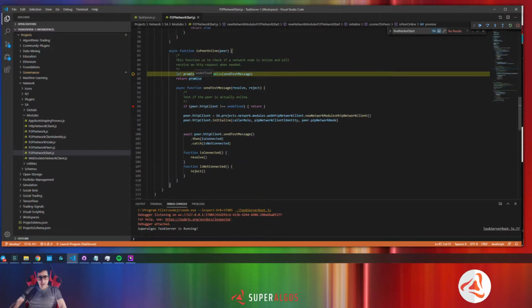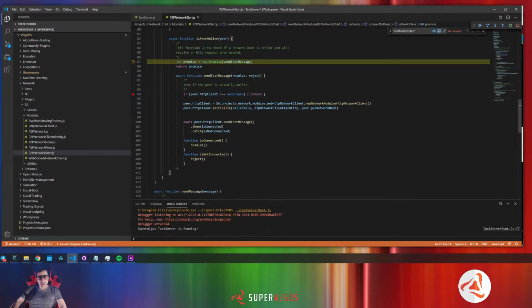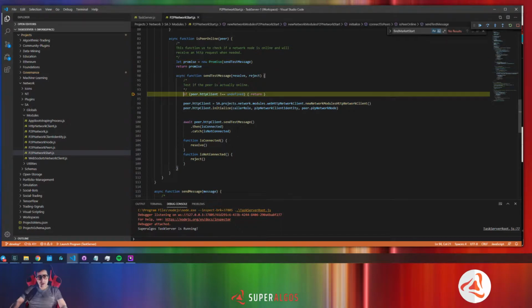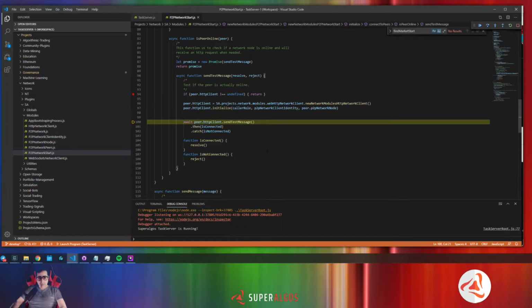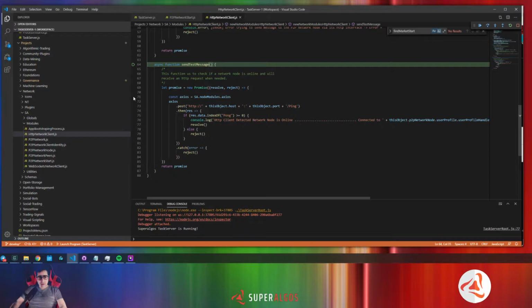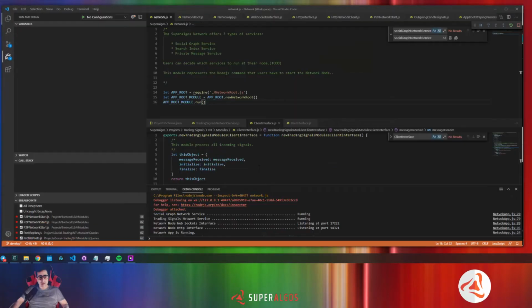Here we got a promise that is never going to be resolved or rejected, most likely because the network node is never going to answer. So peer, so here, resolve, reject. So most likely at our network node we will have a failure.